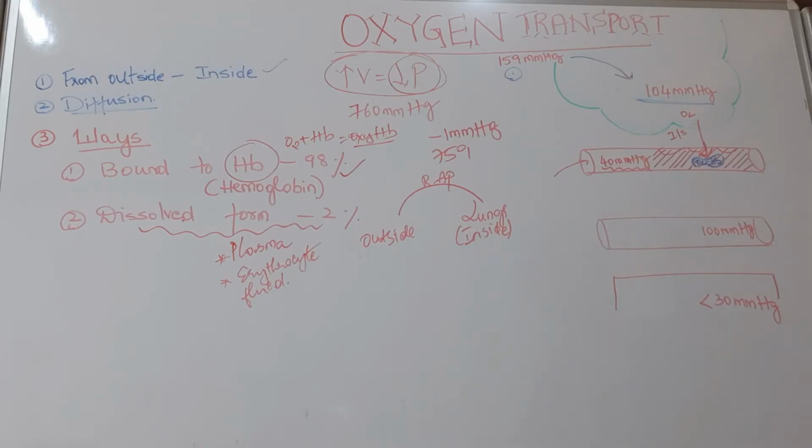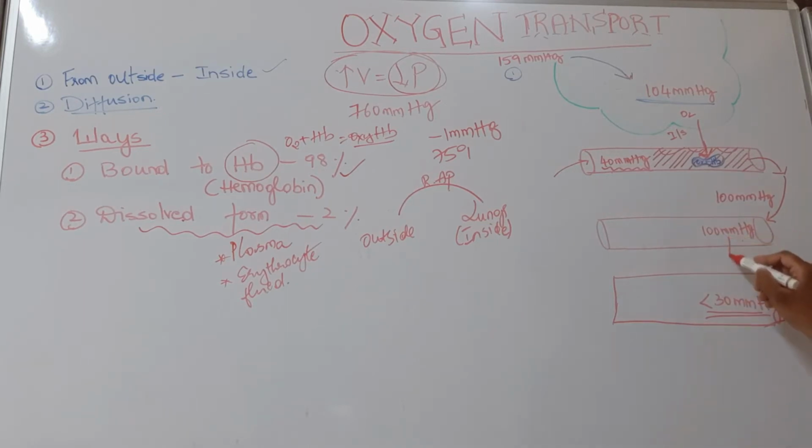When blood passes out from the pulmonary capillaries, the partial pressure of oxygen on the arterial side is about 100 mmHg. If you see the partial pressure of oxygen in the tissue or in a cell, it is less than 30 mmHg. So, again there is a difference in the partial pressure of oxygen between the arterial side and the tissue.